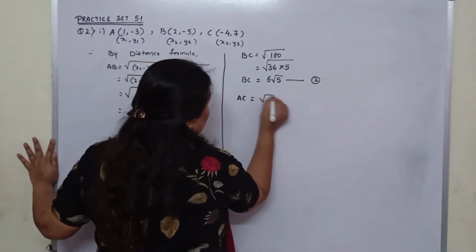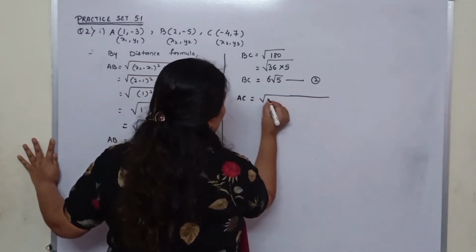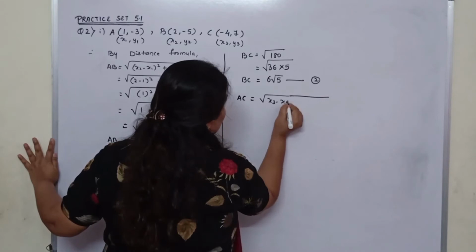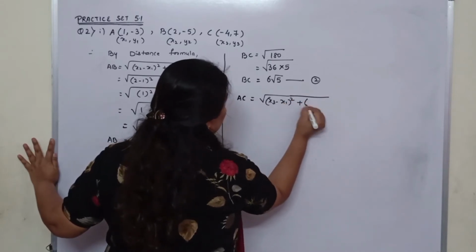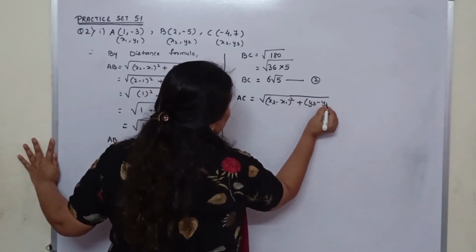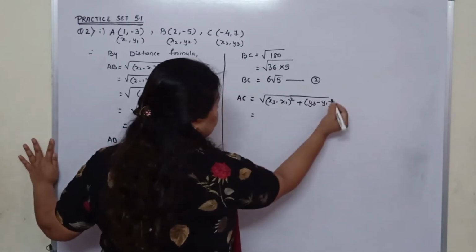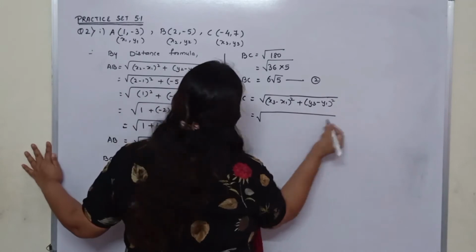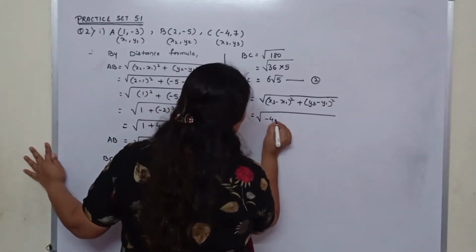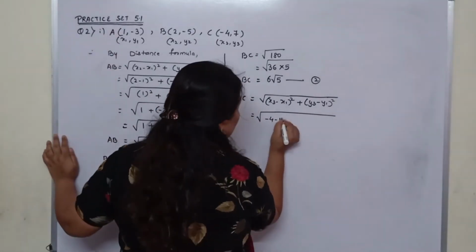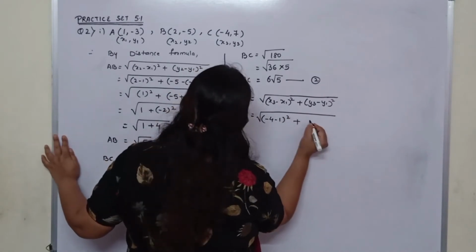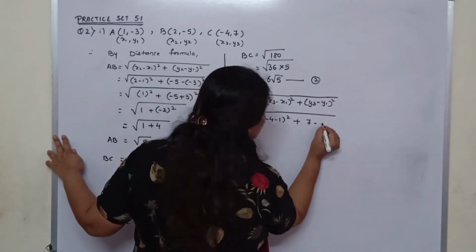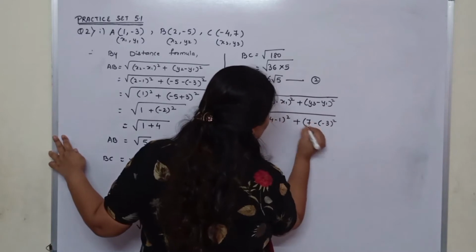AC equals the square root of (x3 minus x1) the whole square plus (y3 minus y1) the whole square. Now what is x3? (-4 minus 1) the whole square plus (7 minus -3) the whole square.